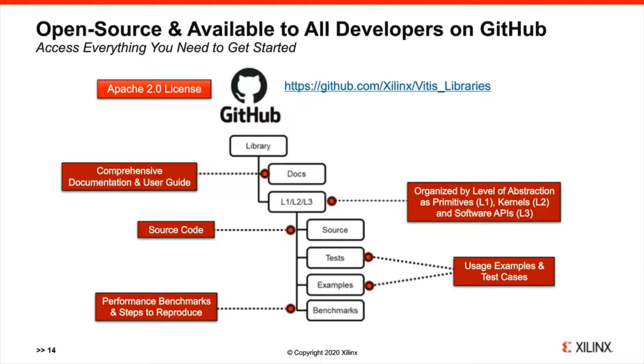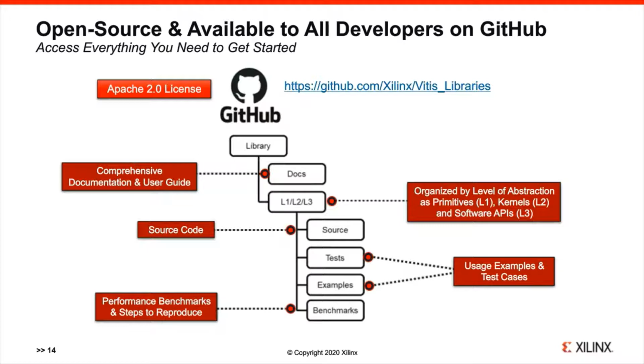The source code for the library functions are organized into different subfolders based on the different levels of abstraction that we just discussed. In addition to the source code, we also offer examples and test cases. These are required to build, emulate, and verify functionality for these libraries. You can also access performance benchmarks, and more importantly, you can access the steps to reproduce these performance benchmarks at your end. Everything that you need to hit the ground running with these libraries is available on GitHub.